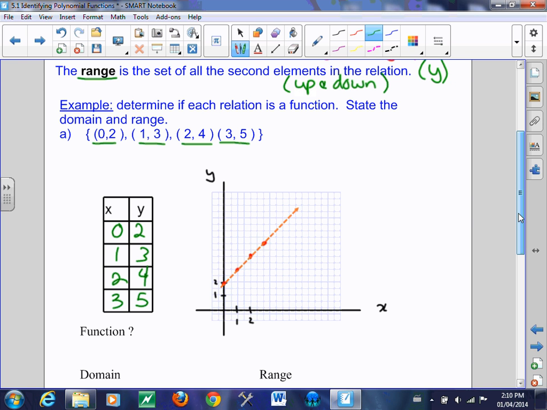Another way you could do it is graph it. You might remember something called the vertical line test, which we will discuss on the next page if you're not sure. Taking a look at our graph, if you plot these points, ladies and gentlemen, you've got 1, 2, 3, 4 there. Notice I don't join those dots together in a solid line. Notice that they are in a dashed line because they are not continuous.